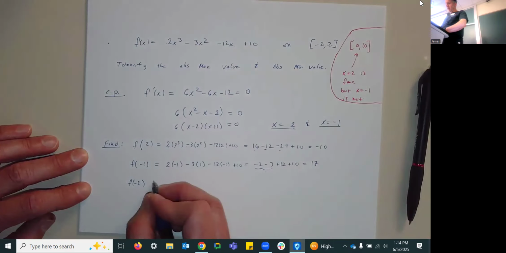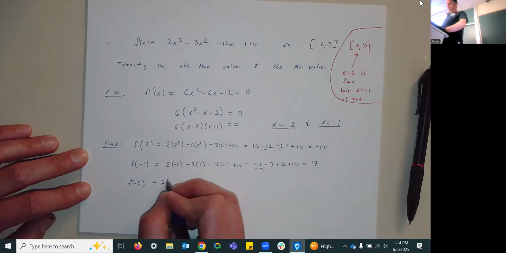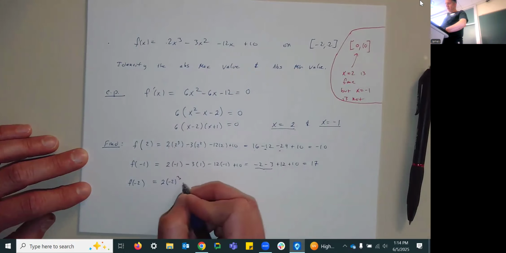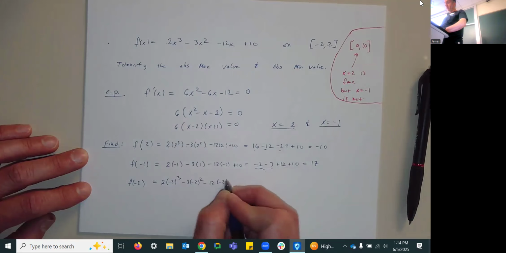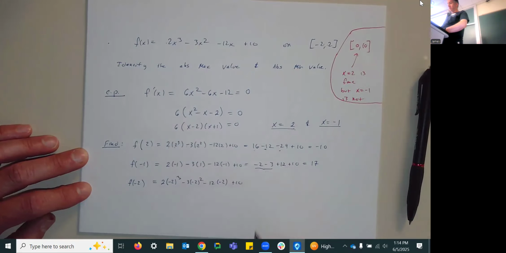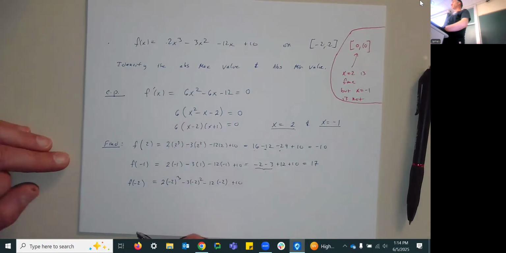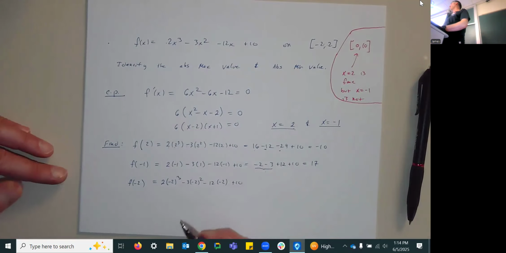And finally, plugging in negative 2, 2 times negative 2 cubed minus 3 times negative 2 squared. You don't have to show as much work as I'm showing. I'm just making sure that everyone's seeing all the steps. But if you know that 2 times negative 2 cubed is going to be negative 16, just write that.